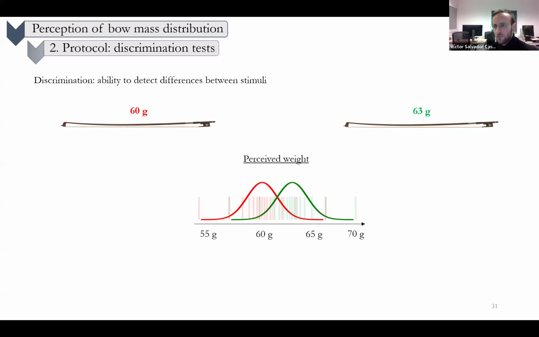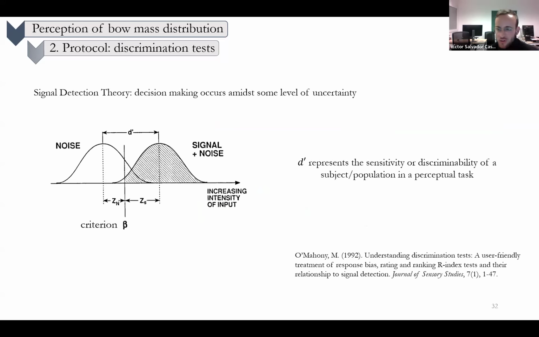So this is just to picture the foundations of signal detection theory, which is that decision making occurs amidst some level of uncertainty. And we have here the distributions that I was showing you before. In this case, it's with auditive stimuli.